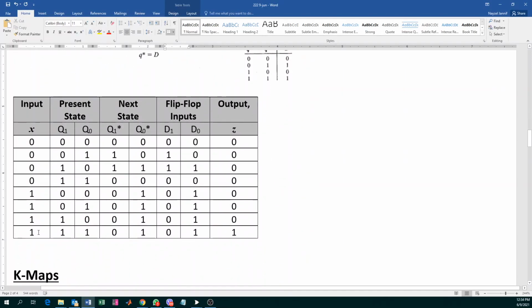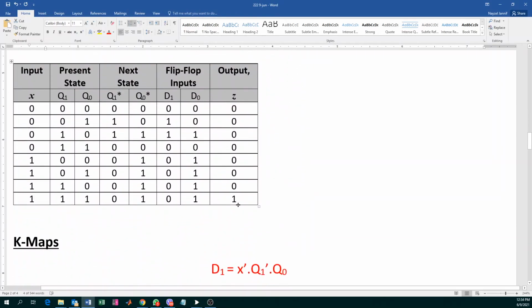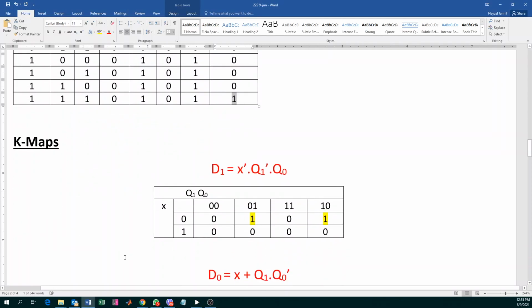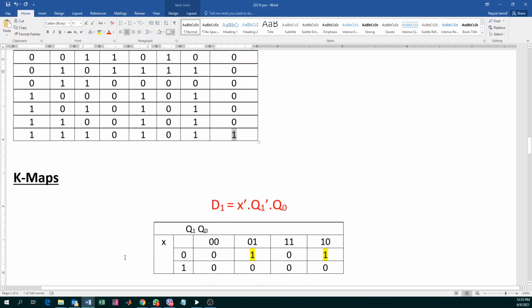So your current state is D, which is 1 1, your next state will be B, which is 0 1, and your output will be a 1. Does that answer your question? Or did I even go to the right place, or were you looking at some other table? Almost, I understand. Okay.